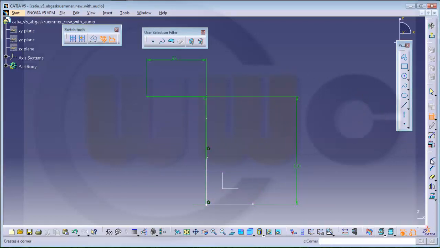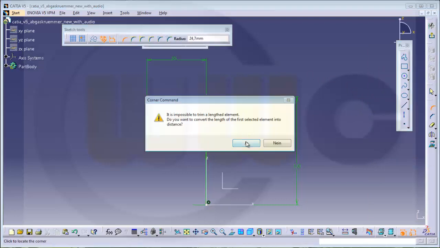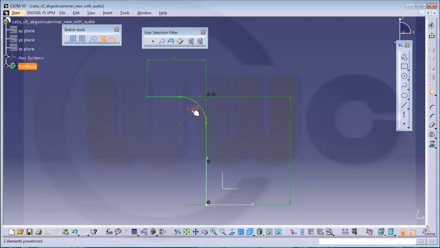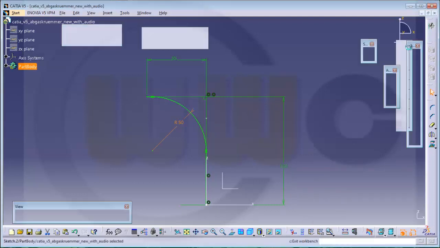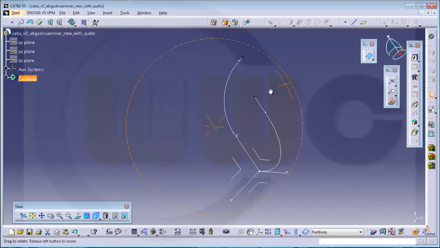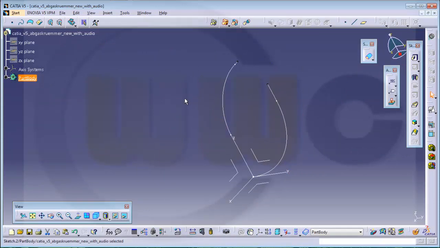Then I need a fillet. And the radius should be 50. And okay. Now I need to combine these two curves.